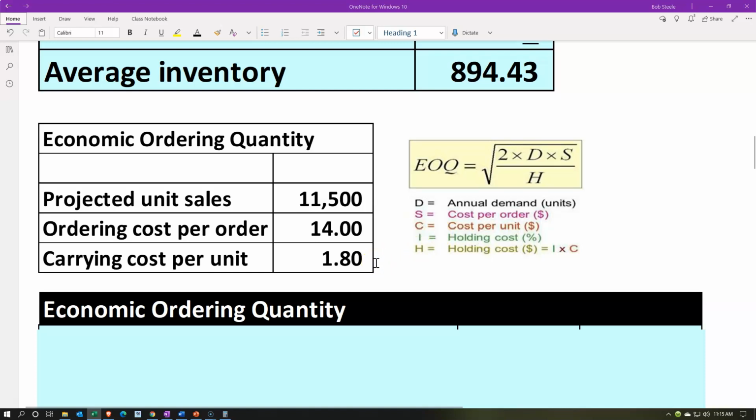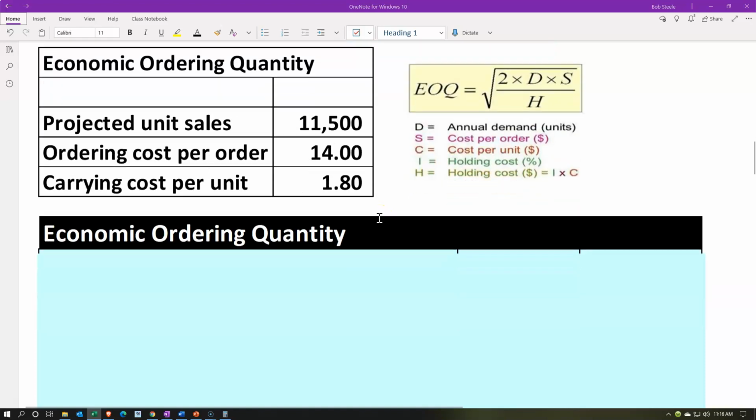We're going to take the square root of the entire thing in order to find the optimal ordering quantity size. In other words, how many units is the optimal number of units that we could order to balance out these costs. And then we can figure out how many orders we would have throughout the year in order to get to the 11,500.